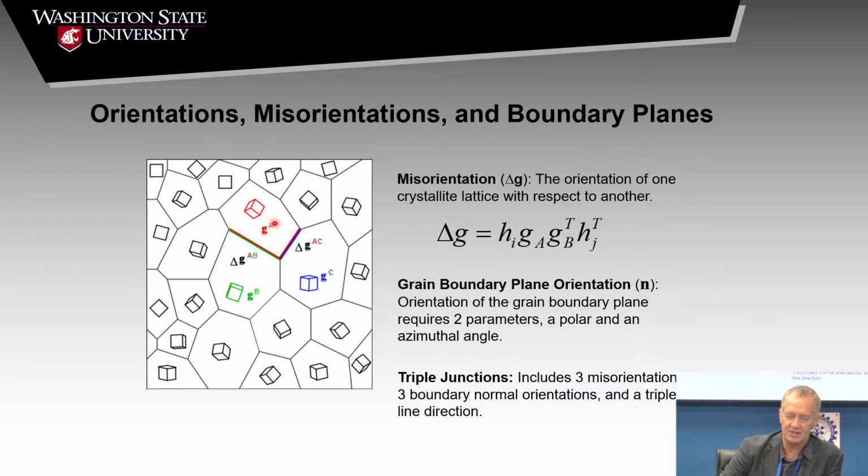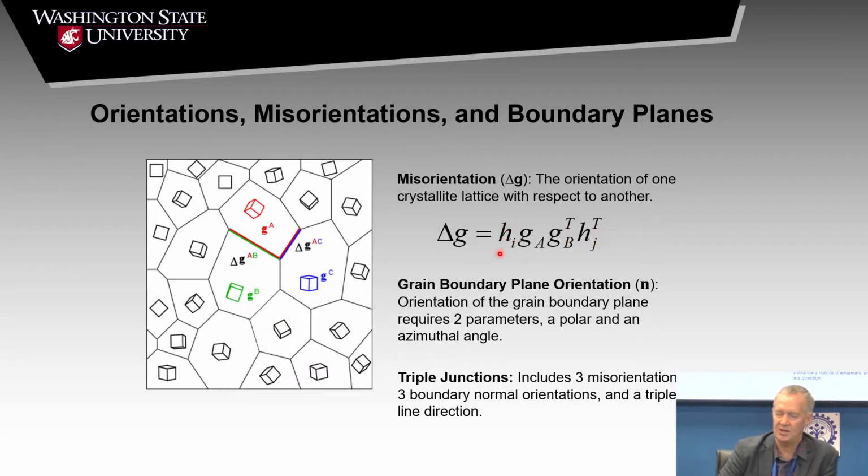The misorientation shows the orientation between 2 grains. So here's a grain A and a grain C. So delta G AC is the misorientation between these 2, and it can be defined like this: just G_A times G_B transpose, right? The orientation matrices or quaternions or whatever space you want to work in.